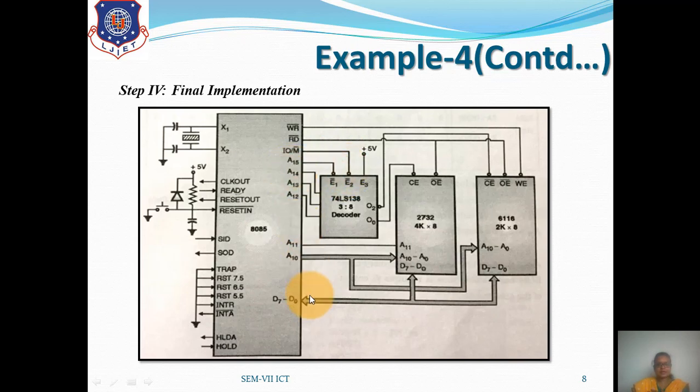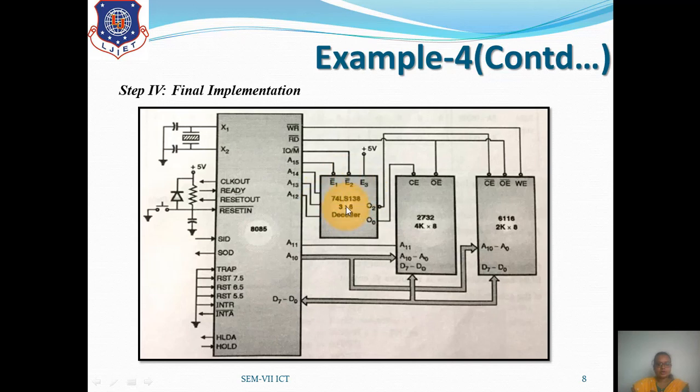And the data lines D0 to D7 will be passed on to this IC, right? This is the ROM IC and this is the RAM IC, right? Now ROM size is 4 KB, so we will require A0 to A11 address lines. So here we have passed A0 to A10 common to both, right? And A11 we have given only to the ROM IC, right?